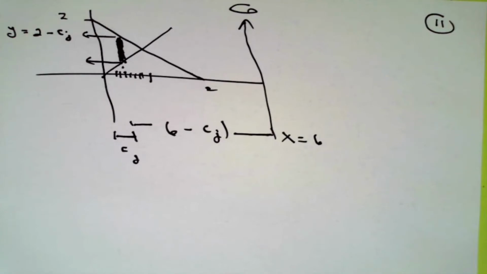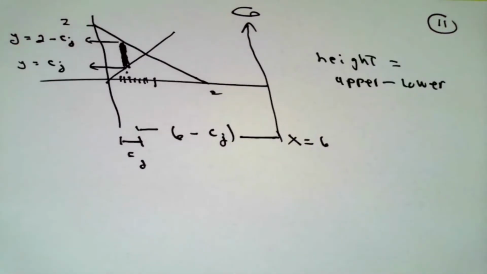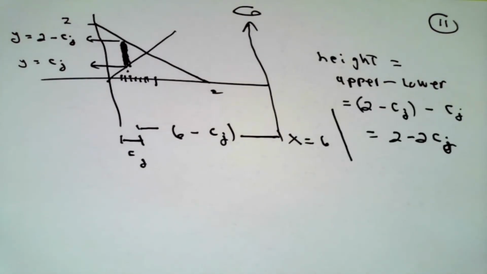If x is equal to c_j, y will be c_j. The vertical height is going to be the larger y-coordinate, the upper one, minus the smaller one, the lower one. The vertical height of the shell is going to be 2 minus 2 times c_j.